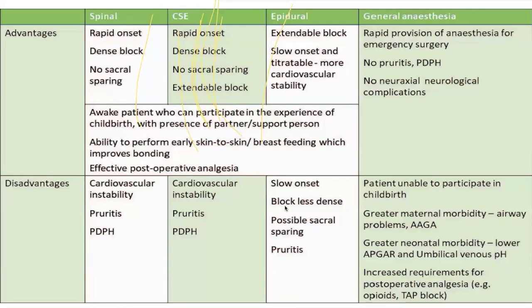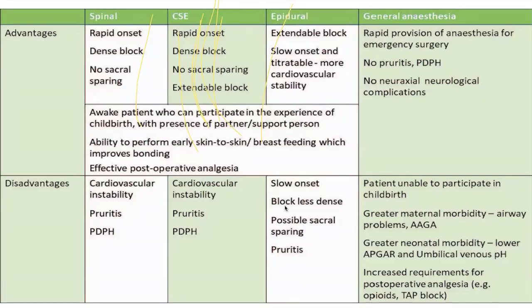But with the spinal, of course, we can't extend the block. That is a problem. With combined spinal epidural, we can extend the block for whatever time it needs, and post-op pain relief will be prolonged.